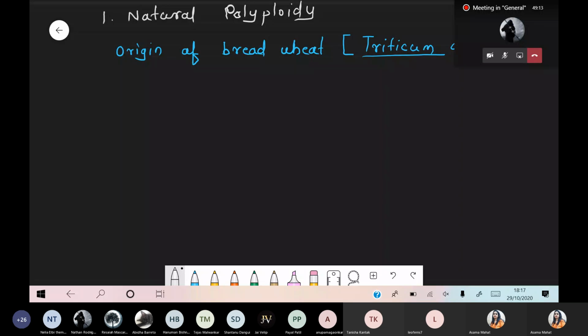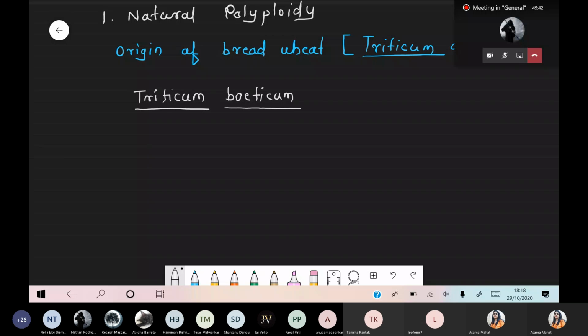So now in this condition, first of all we are talking about one species of Triticum, T for Triticum. First of all I write it down. T for Triticum is the genus name, and the species name is boeoticum, Triticum boeoticum. This is the first species.